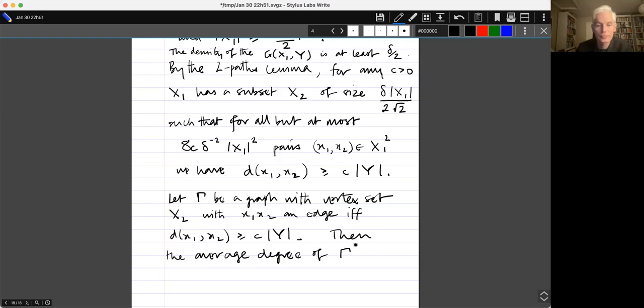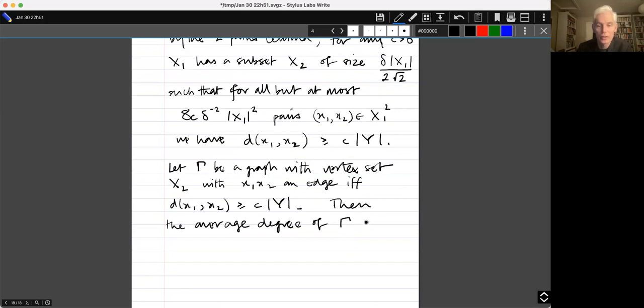of gamma is, by the way, strictly speaking, this is a graph with loops. In other words, a vertex is allowed to be joined to itself. And if x1 equals x2, that's just the number of neighbors of x1.